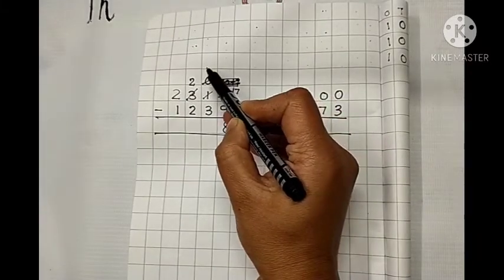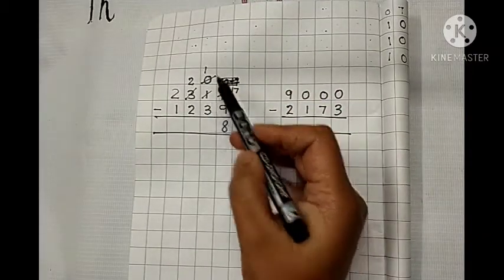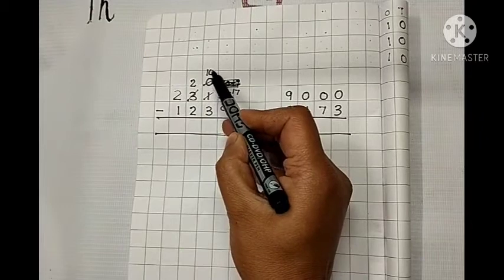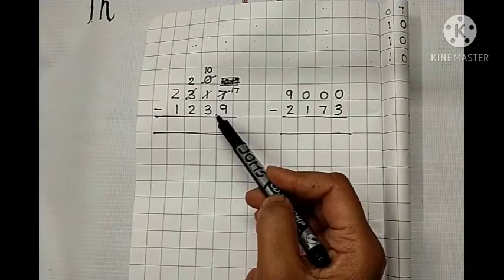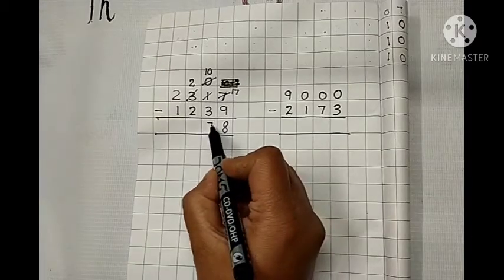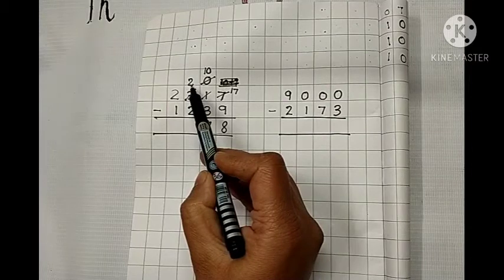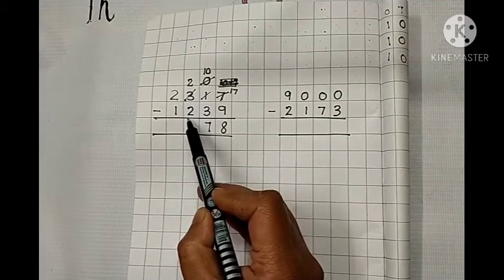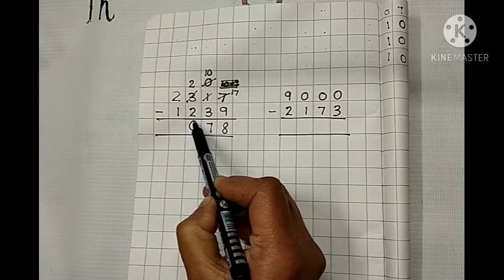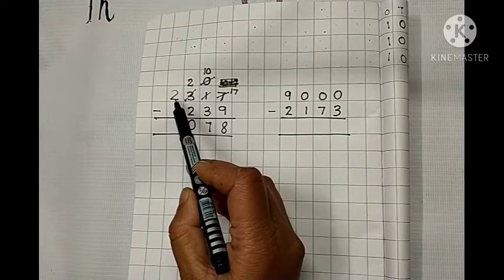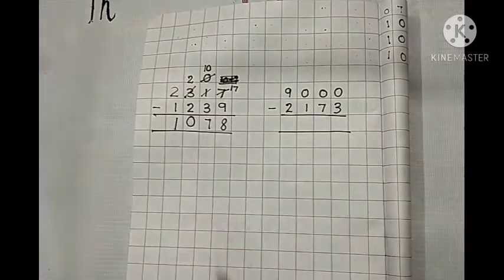So simply there is 10 tens. 10 tens में से हम 3 निकाल सकते हैं. So there are 7 tens now. 2 hundreds, and how many hundreds we have to take out? 2. So there will be 0. 2 thousands, and we have to take out 1. So there will be 1.